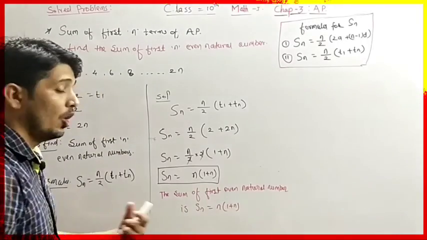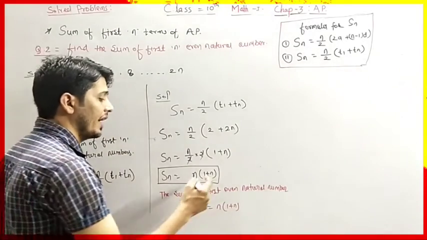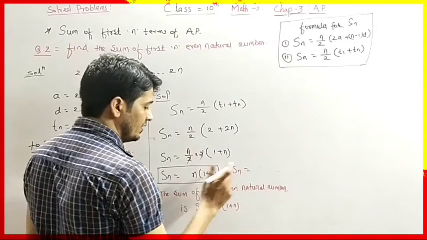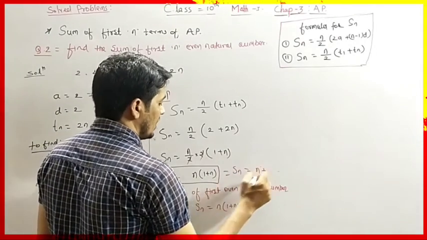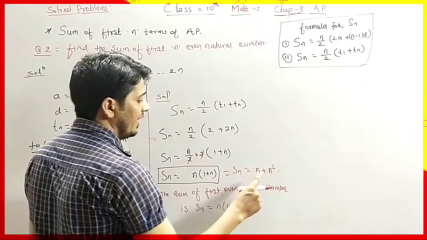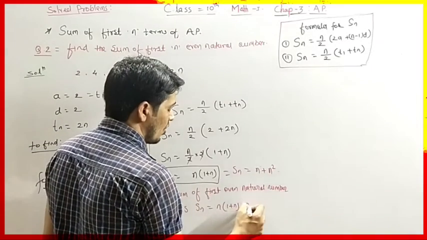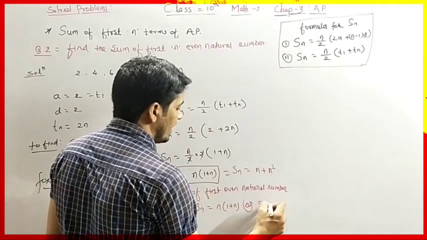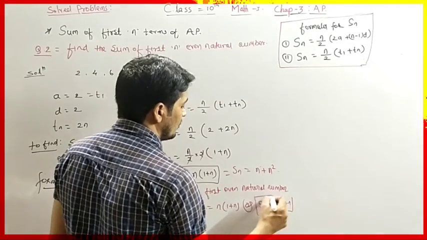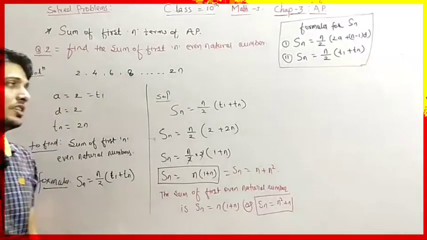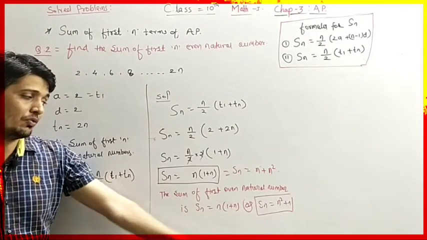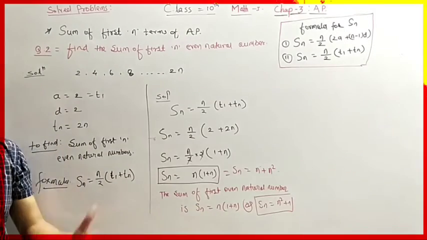Or we can again simplify it as Sn equals n into 1 is n, plus n into n is n square. So here we can write n square plus n, or Sn equals n square plus n. So this is one more answer for this solution. We can use this one or this one, we will get our answer. So write down now.